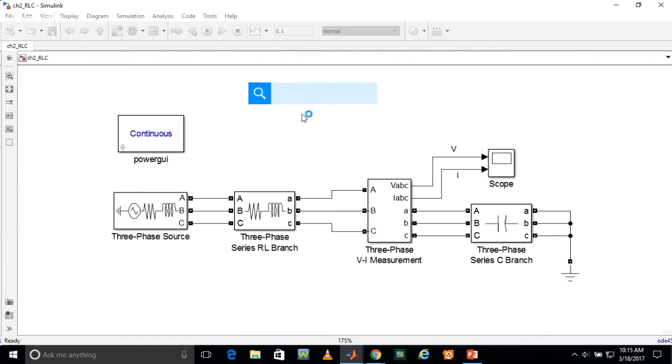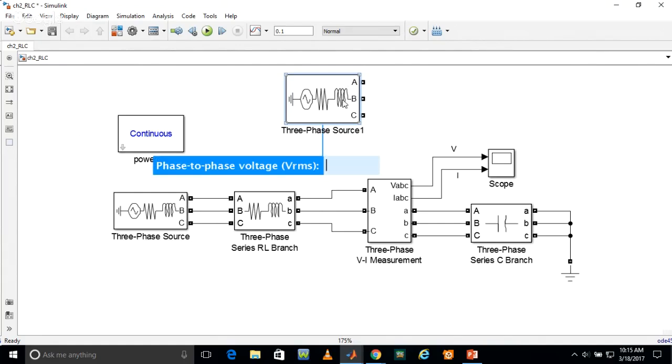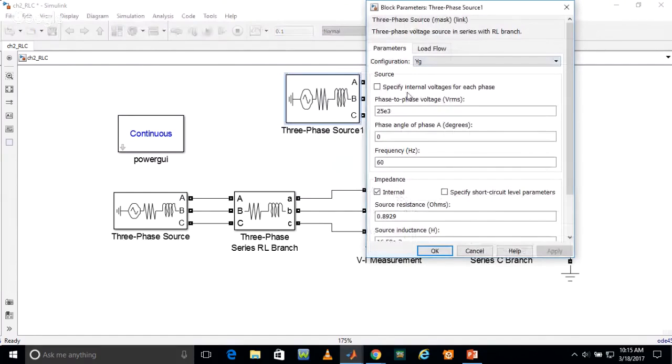All right, if you click this, as you will see, the phase-to-phase VRMS is asking what the value is, but leave it as it is. And as you can see, the three-phase source is exactly like the one we have used. Okay, if we double click it, then you can see the phase-to-phase voltage, which, as I've already shown, should be around 13,800, right?